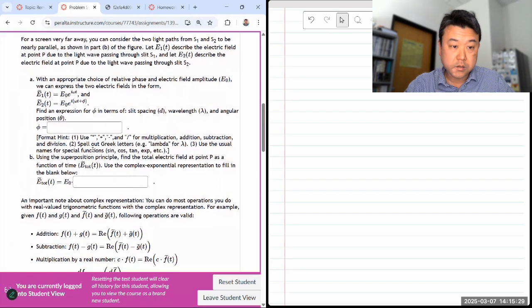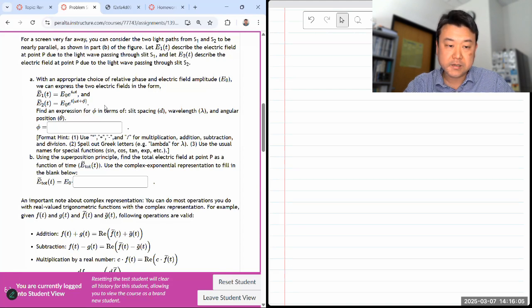With an appropriate choice of relative phase and electric field amplitude E0, we can express the two electric fields in the form E1 of t equals E0 times the complex exponential e to the i omega t, and E2 of t equals E0 times e to the i (omega t plus phi). Find an expression for phi in terms of slit spacing d, wavelength lambda, and angular position theta.